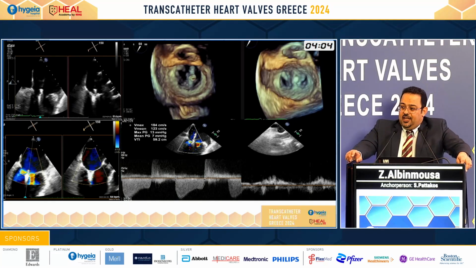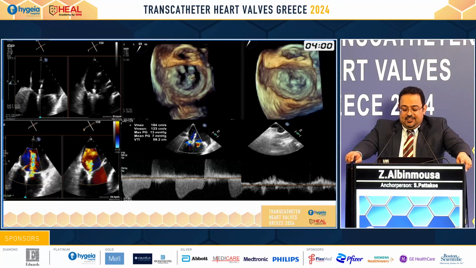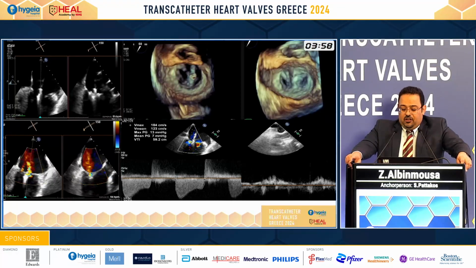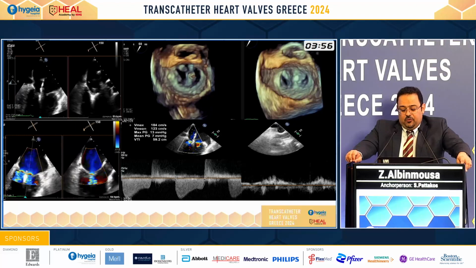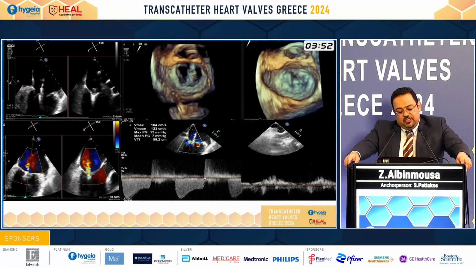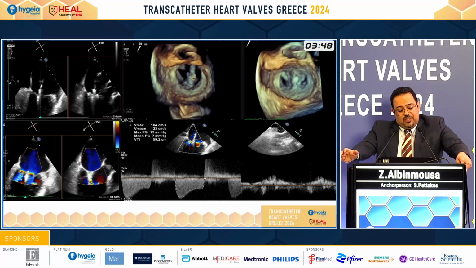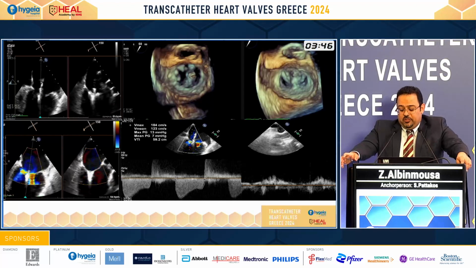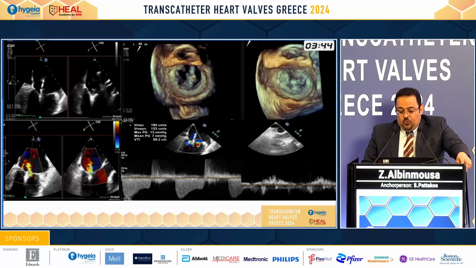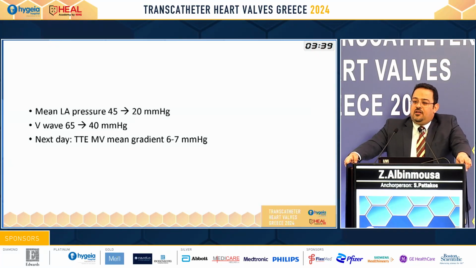After careful adjustment of the perpendicularity and the positioning of the clip, we ended up with this result. The MR is in the range of moderate, if you agree with me. The gradient was 7, and there is no pulmonary flow reversal. What made us happier was the hemodynamic result.